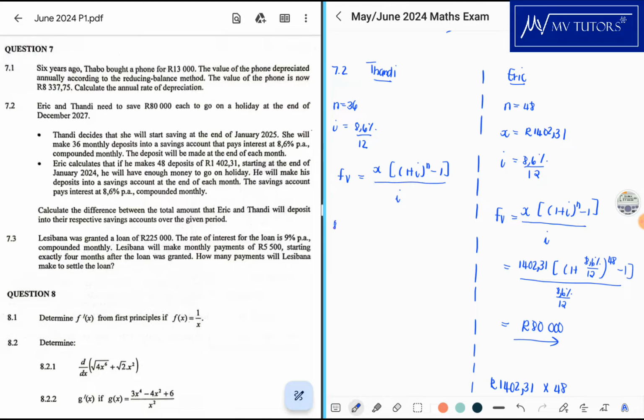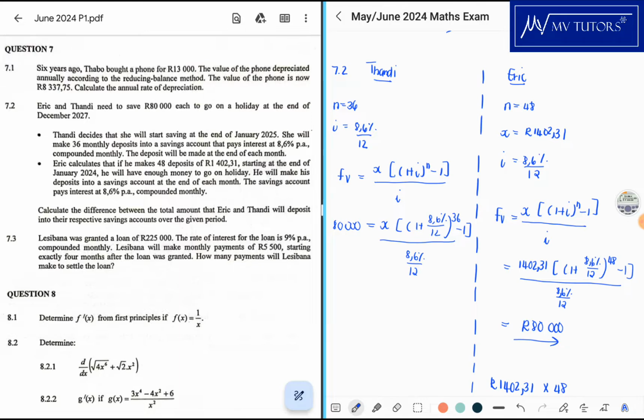So it's going to be 80,000 divided by x, 1 plus the interest, and we have 36 payments divided by the interest. Okay, now we need x.